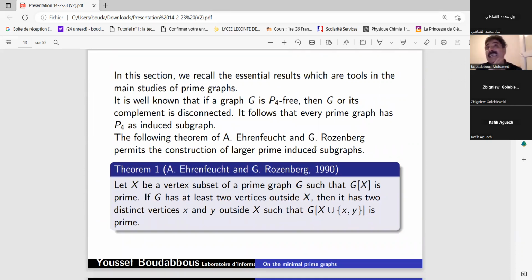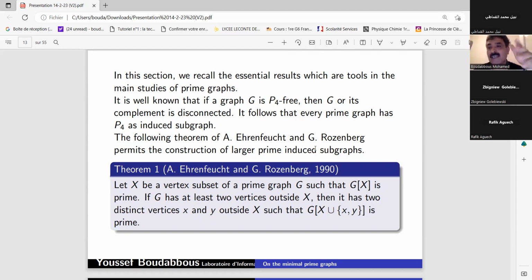On the other hand, given a prime graph G, G or G bar is necessarily connected. Thus, any prime graph has an induced P4. Thus, in a prime graph, there is a small prime subgraph with 4 vertices.